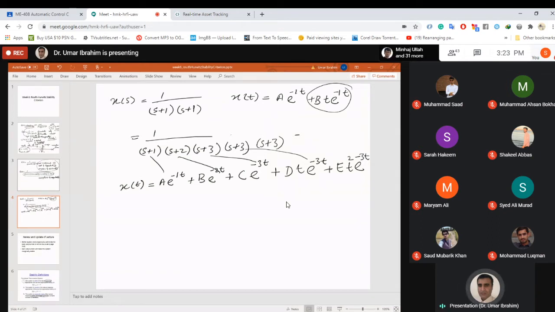Yes. Okay? So for example, if I have a system response like this: a e raised to the power -4t plus b t e raised to the power -4t plus c t square e raised to the power -4t.